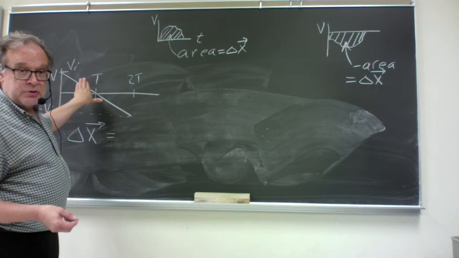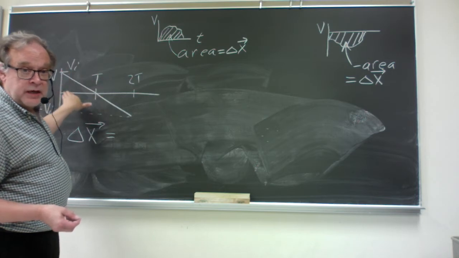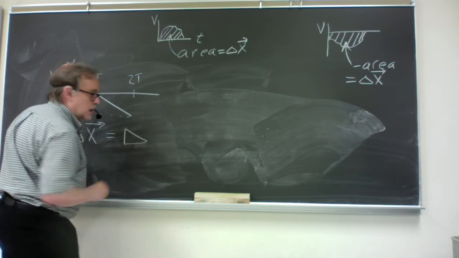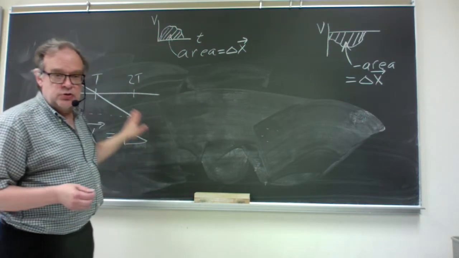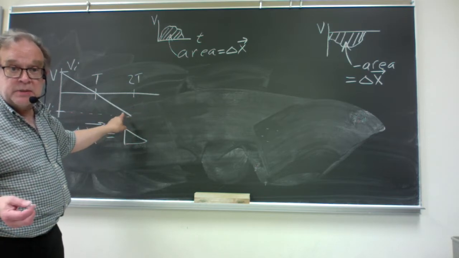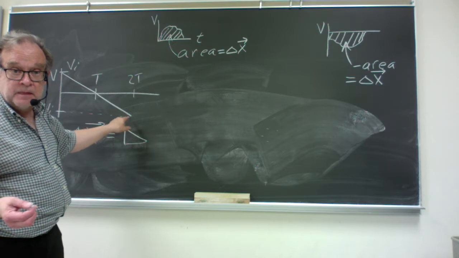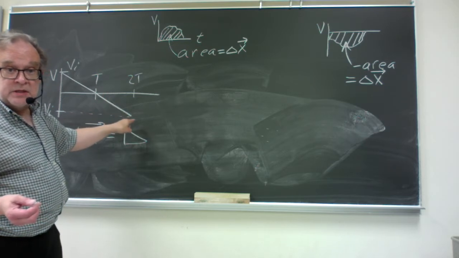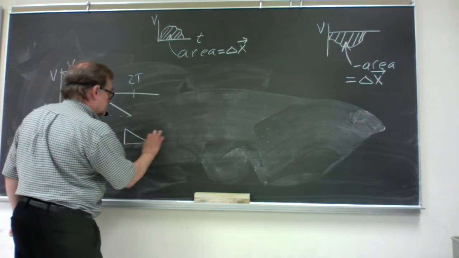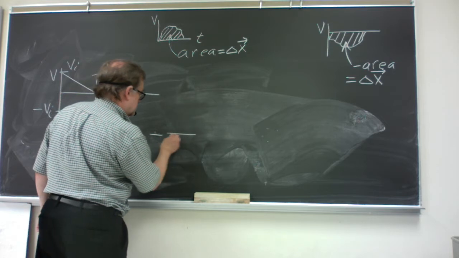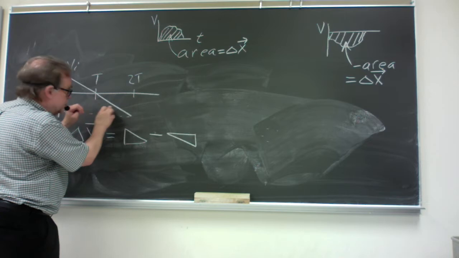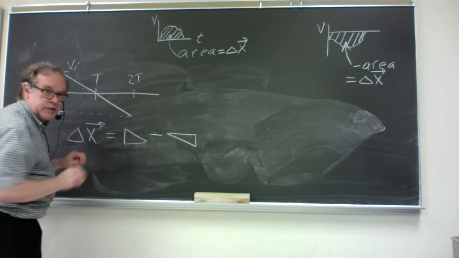The displacement that happened during the first t seconds is equal to the area of this rectangle, and then the displacement that happened during the second t seconds is a negative displacement because it's negative velocity. So that displacement is equal to minus 1 times the area of this triangle, the triangular region between the velocity line and the time axis.